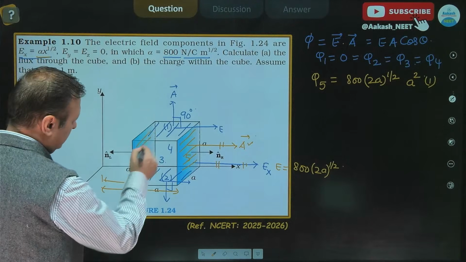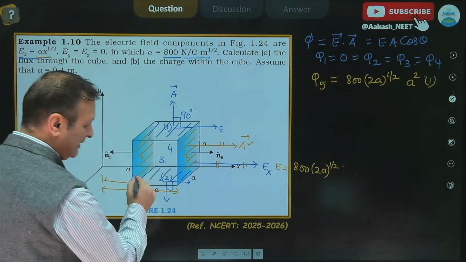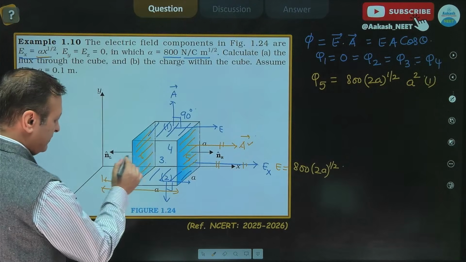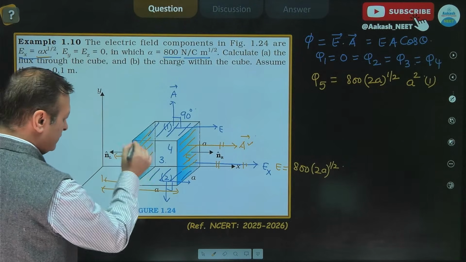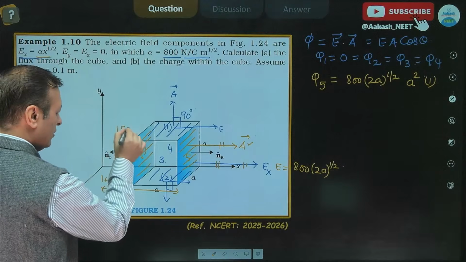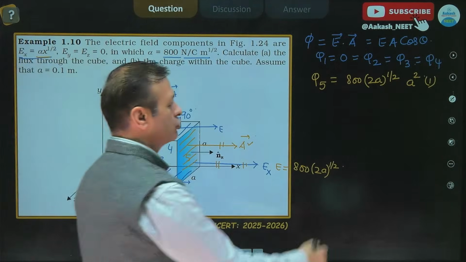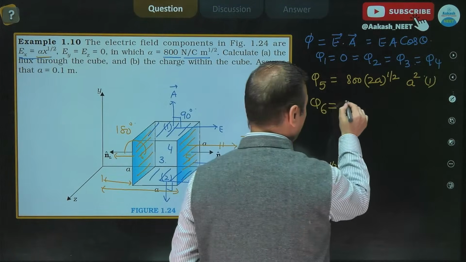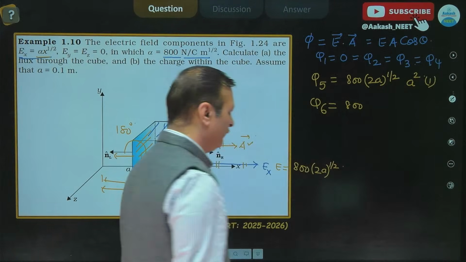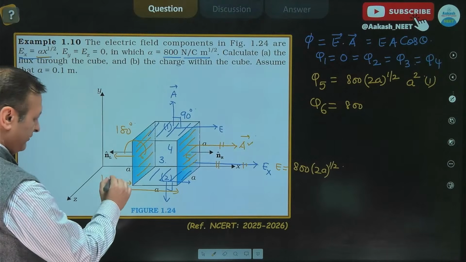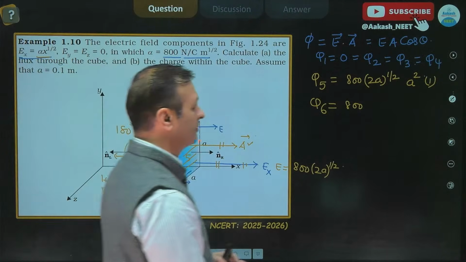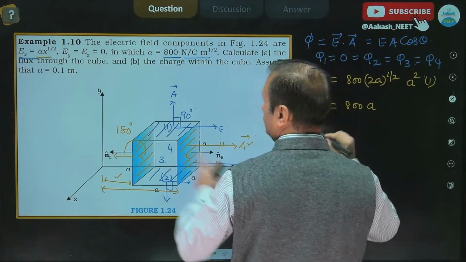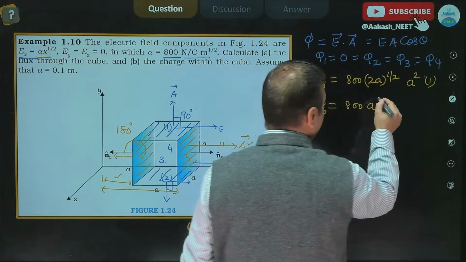Now for this part, the electric field is still along the x-axis, but its area vector is like this, so it is inclined at 180 degrees. So what is the flux through surface 6? This is alpha, and this is at separation A, so this x is A only.